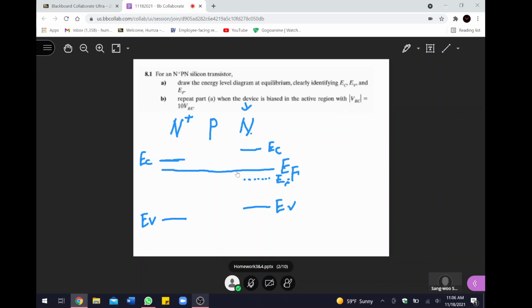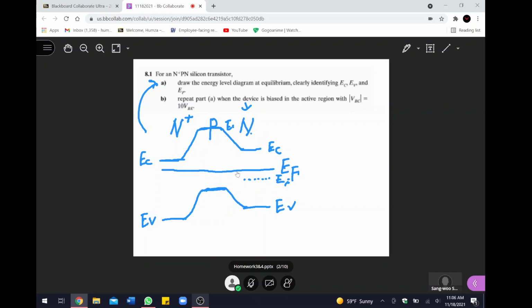So when you draw the EV in the base, it is going to be close to the EF, and then you have EC located here. If we connect them all together, we expect the energy band diagram to be something like this at equilibrium. That answers the first question.